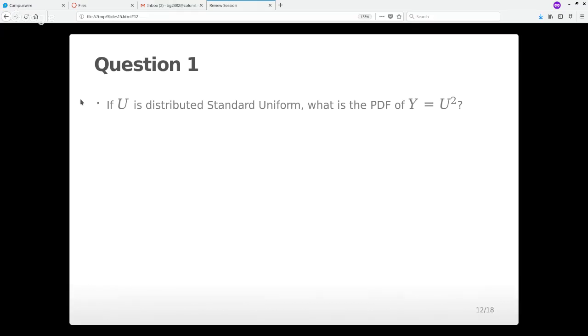But we can always work out problems like these: what's the distribution of a transformation of a random variable? These problems have pretty prescribed steps. So what's the first step down that road?